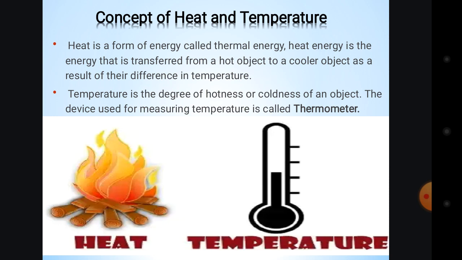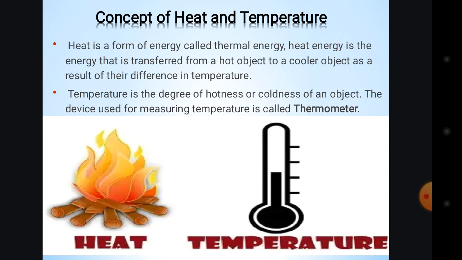So the device used for measuring temperature is called a thermometer. A thermometer is a device that is used to find out how hot or how cold an object is, the degree of hotness or coldness of an object.